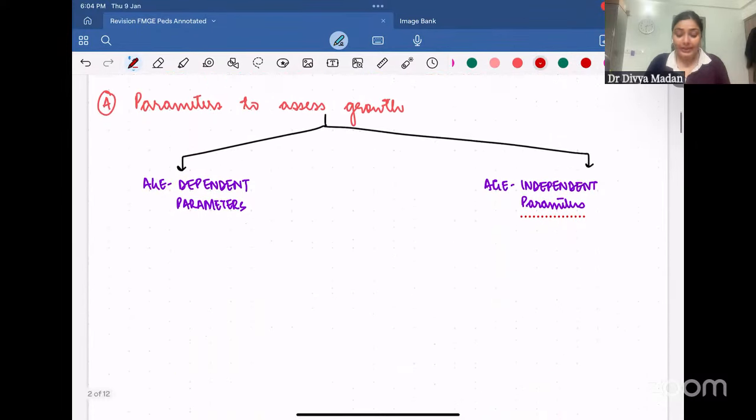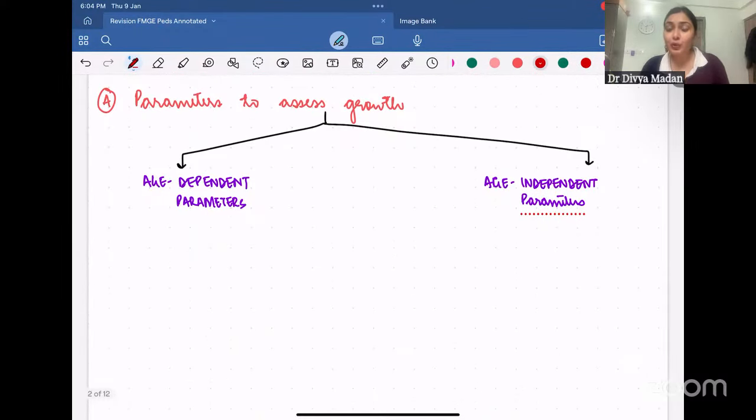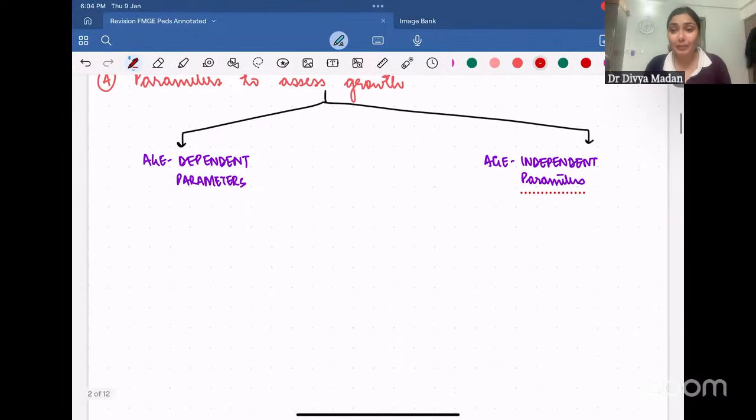Now, let's look at the parameters that we use to assess growth. Growth में क्या हो रहा है? There is increase in the number of cells and size of cells. How we are going to assess this growth? There are some age-dependent parameters and there are some age-independent parameters. What do I mean by age-dependent parameters? That with age, these parameters values would change, right? If I say 3 kg for a newborn, that seems to be okay.